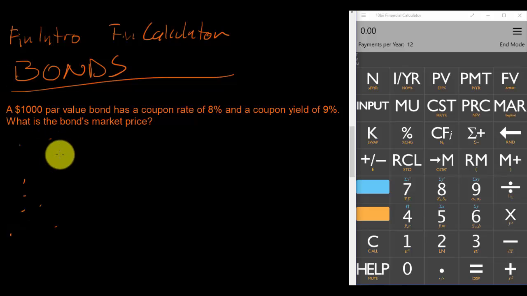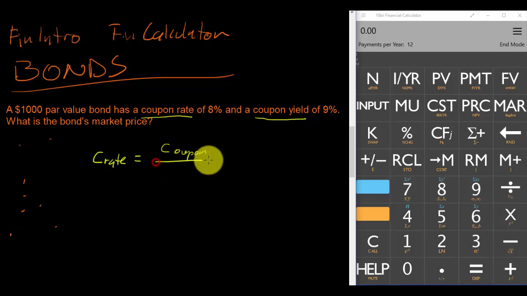How about yellow? All right, so what do I see? I see the words coupon rate and I see the words coupon yield. These are triggers that I'm going to stop for a second and write down my coupon rate and my coupon yield equations. Coupon rate is equal to the coupon over my face value.